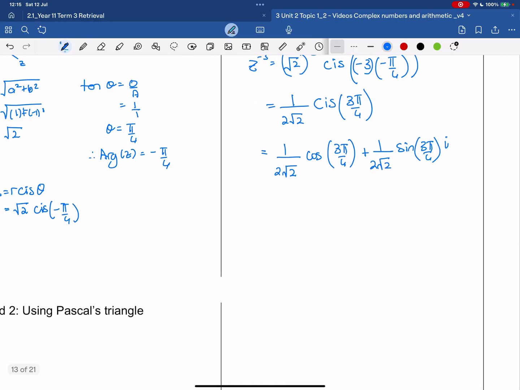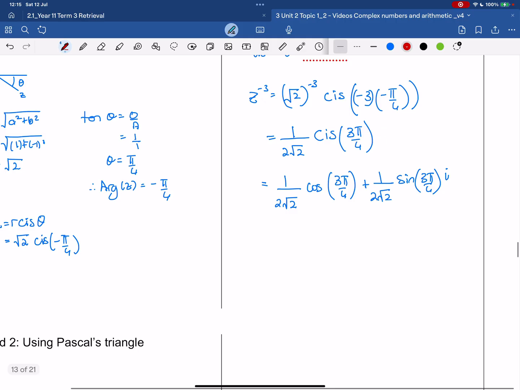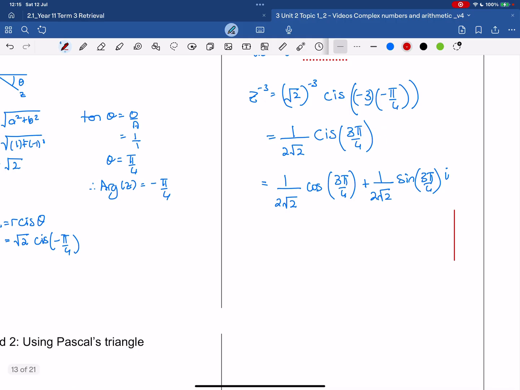And now I need to go back to my methods knowledge, because 3 pi on 4 is in my second quadrant, which is over here. And in that quadrant, sine is positive and cos is negative. And my base angle is pi on 4. So what I've actually got here then is negative 1 on 2 root 2 cos of pi on 4 plus 1 on 2 root 2 sine of pi on 4 times i.